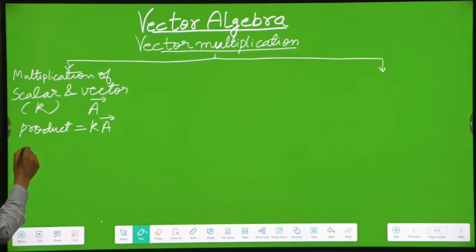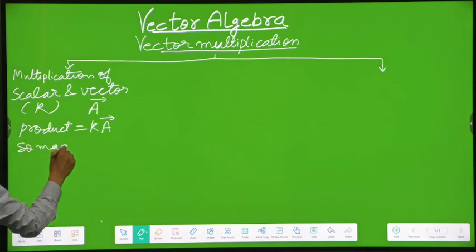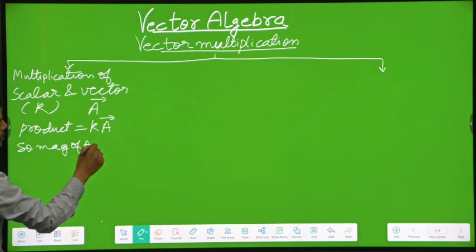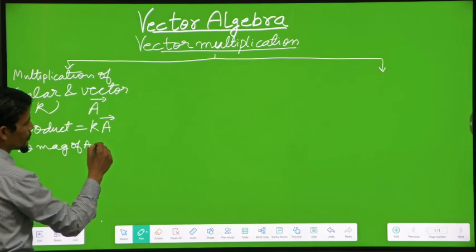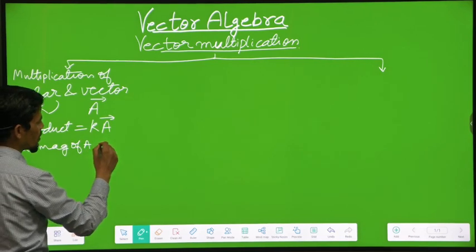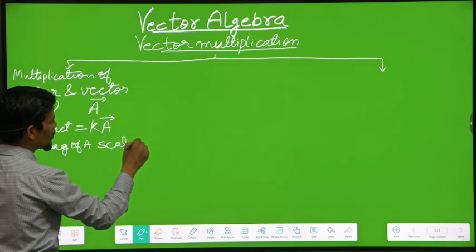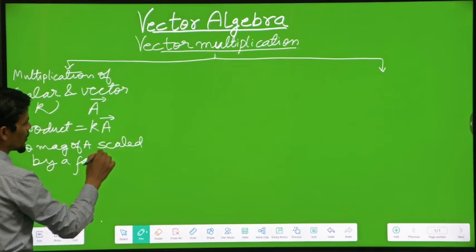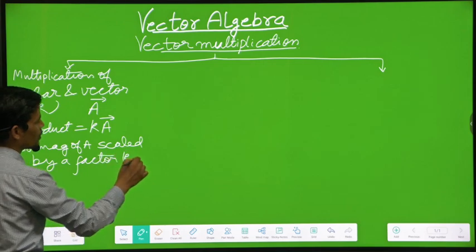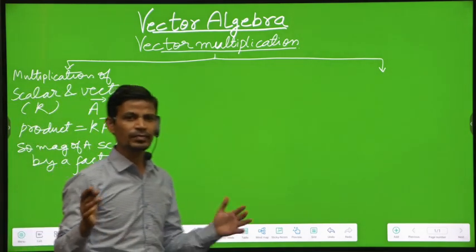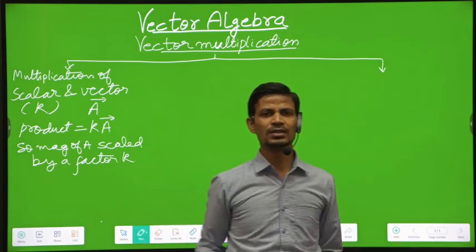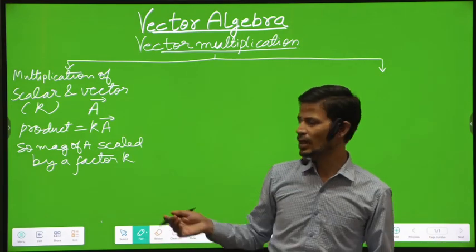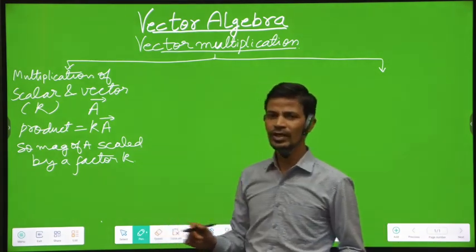So the magnitude of a is scaled by a factor k. So it affects its magnitude. Its magnitude is increased or decreased as per the value of k.